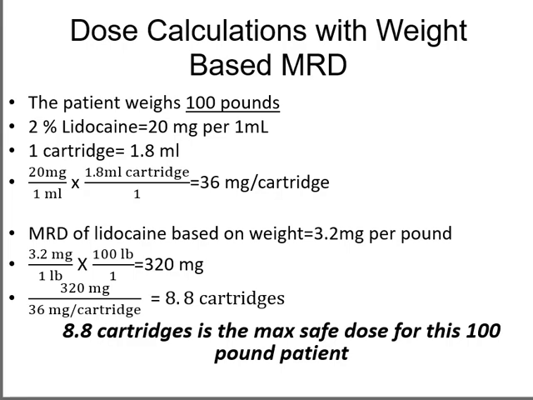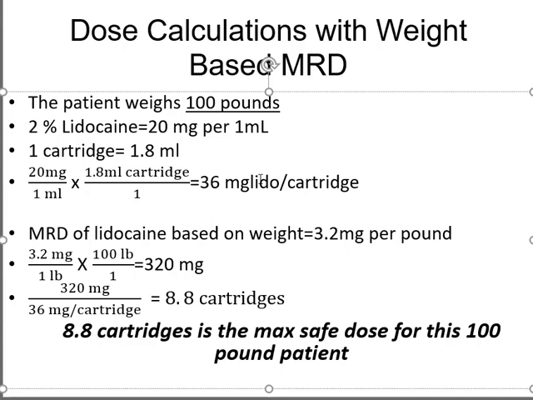So for right now, for this patient, based solely on lidocaine, 13.8 cartridges is the maximum recommended dosage for this healthy patient. So let's look at weight-based. We have a patient that weighs 100 pounds. We calculate the same thing: 2% lidocaine equals 20 milligrams of lidocaine per 1 milliliter of water, and the 1.8 milliliter cartridge gives us 36 milligrams of lidocaine in one cartridge. Now the MRD of lidocaine based on weight is 3.2 milligrams per pound.